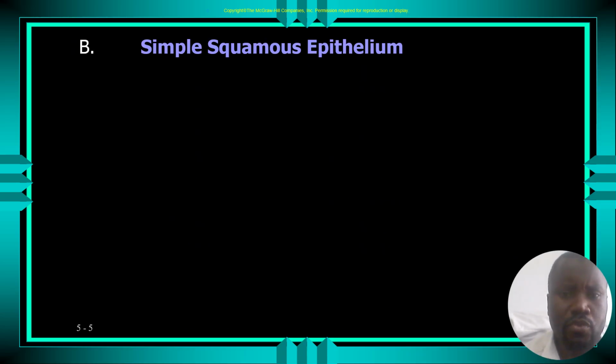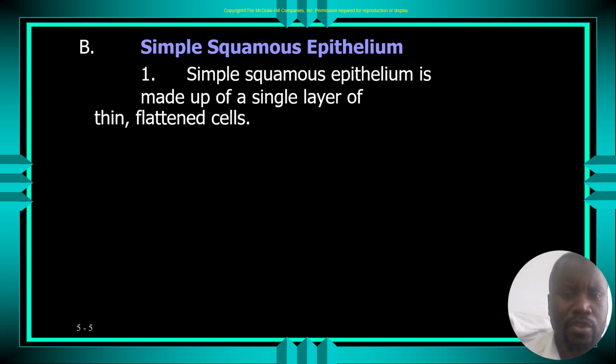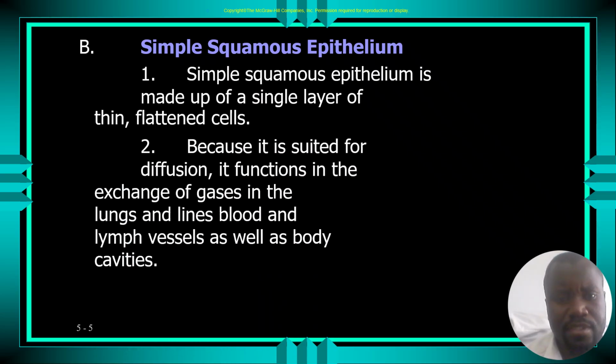Let's start with simple squamous epithelium. So simple means one layer, squamous means these cells are very flat. And so simple squamous epithelium is made up of a single layer of thin, flattened cells. Because these are very thin and it's just one layer, surfaces covered by simple squamous epithelium are very important for areas where there is exchange of materials.